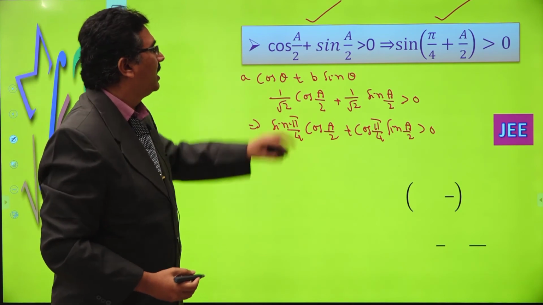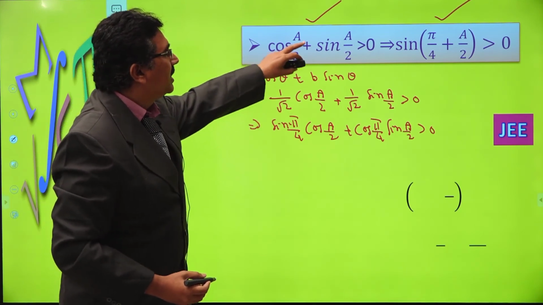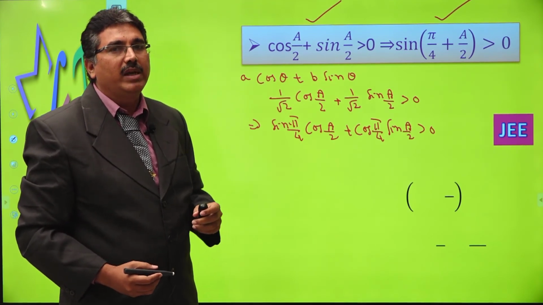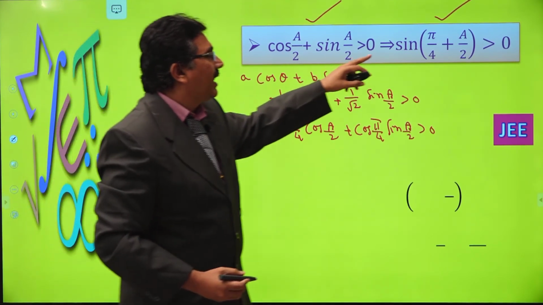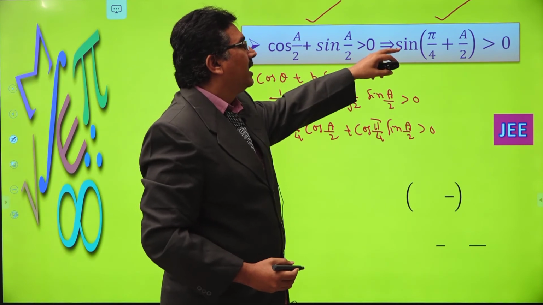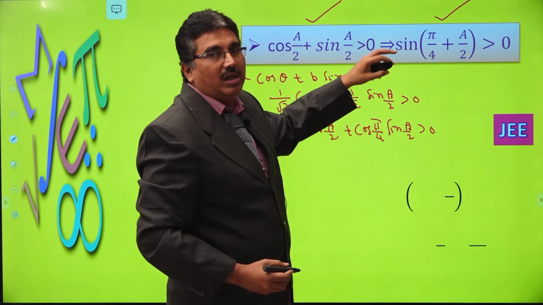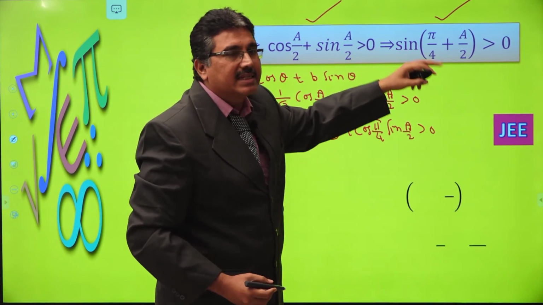Once again, cos a/2 plus sin a/2 greater than 0 can be expressed in terms of sin, that is sin of pi/4 plus a/2 is greater than 0.